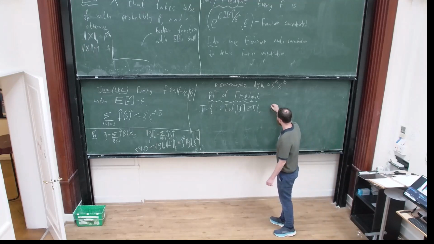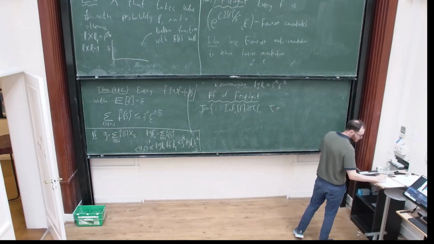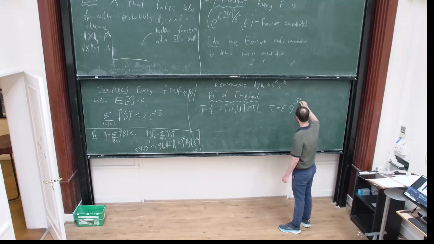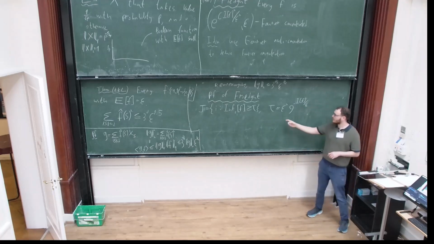And tau, we're going to choose it to be epsilon squared times 9 to the minus total influence of f over epsilon. So we're going to choose some small parameter tau.